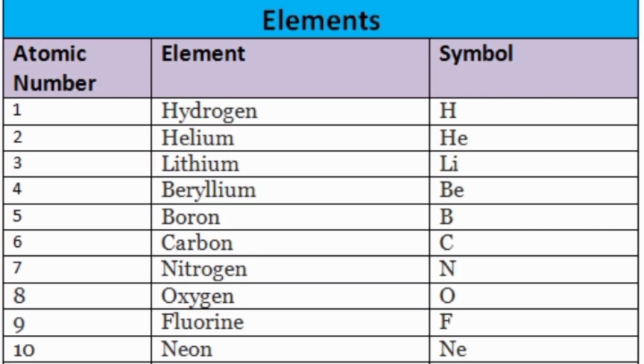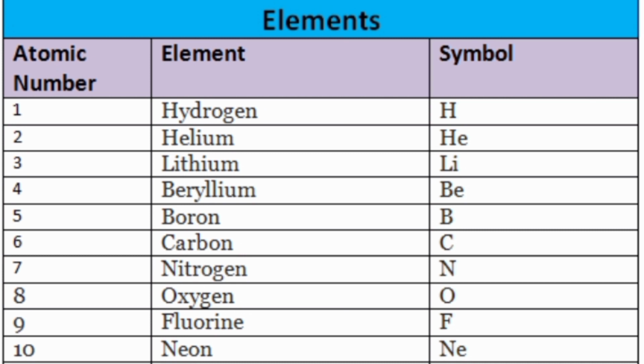Now let's have a look at this picture having a list of some elements including hydrogen, helium, lithium, beryllium, boron, carbon, nitrogen, oxygen, fluorine and neon, having their symbols.